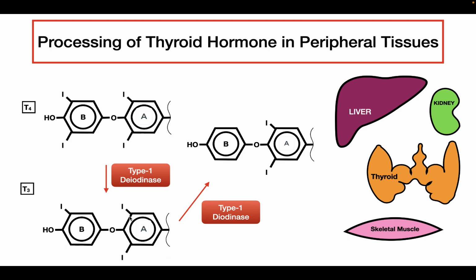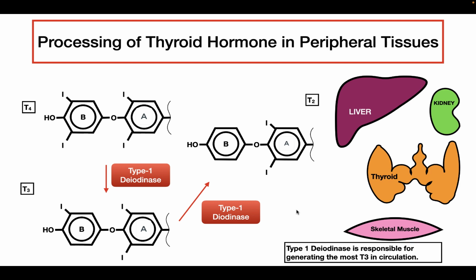So what we see here is that in these tissues, type 1 deiodinases are going to be responsible for generating the most amount of T3 in the circulation. The grand majority of T3 in the blood is going to be coming from these type 1 deiodinases found in the liver, the kidney, the thyroid gland, and the skeletal muscle.